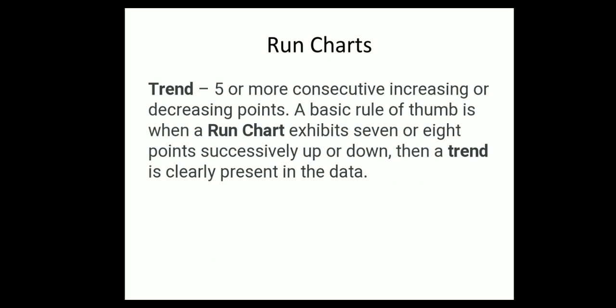Trend: 5 or more consecutive increasing or decreasing points. A basic rule of thumb is when a run chart exhibits 7 or 8 points successively up or down, then a trend is clearly present in the data.